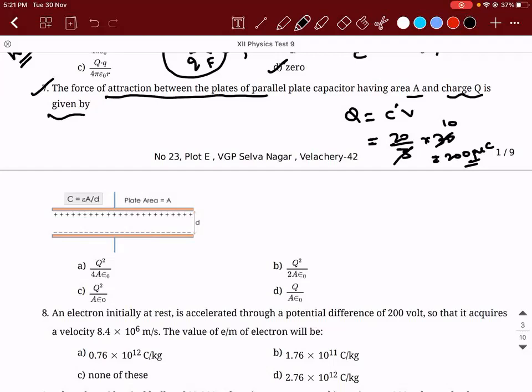How did you do? Sigma is equal to epsilon naught E, that formula, sir. Okay, where did you get this from? What does the sigma stand for? Surface charge density. Okay, surface charge density, you're trying to say it is equal to epsilon naught times E. Okay, then what did you do?